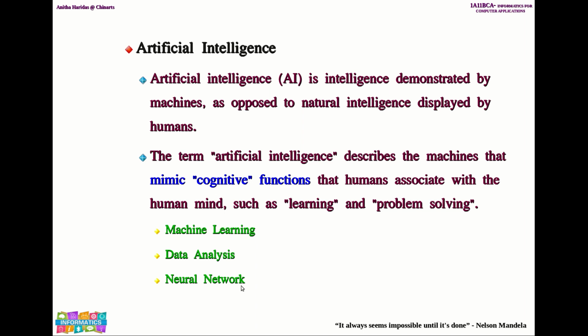How your brain neurons function is being implemented. We are trying to implement the brain functions of several neurons connected together into artificial intelligence, which we call an artificial neural network.